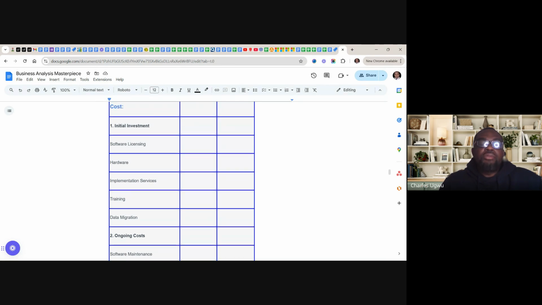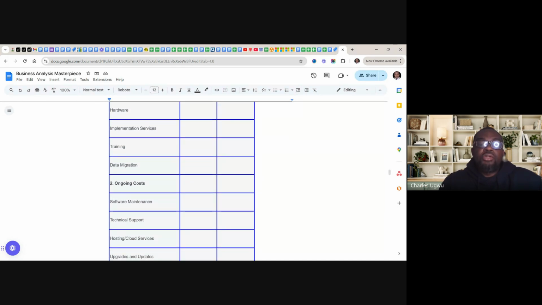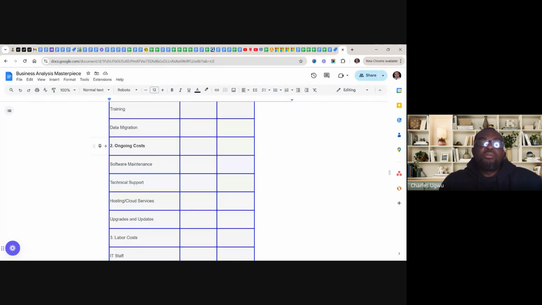So you capture all these costs, then ongoing costs: software maintenance, technical support, hosting and cloud service, upgrade.